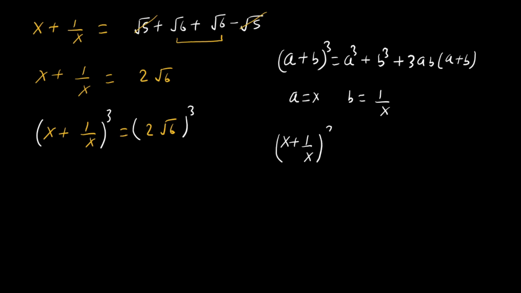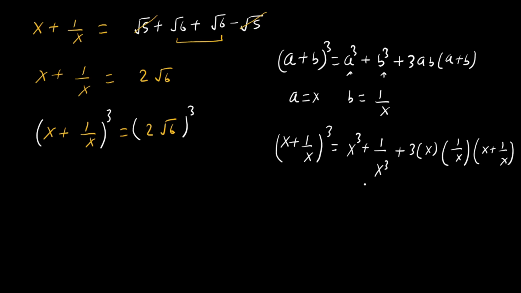bracket power 3 is equal to, a is replaced by x, so x to the power 3 plus, and b is replaced by 1 over x, so 1 over x to the power 3 plus 3 times a, that is x, and b, that is 1 over x, times a plus b, that is x plus 1 over x. Here this x and this x are cancelled out.